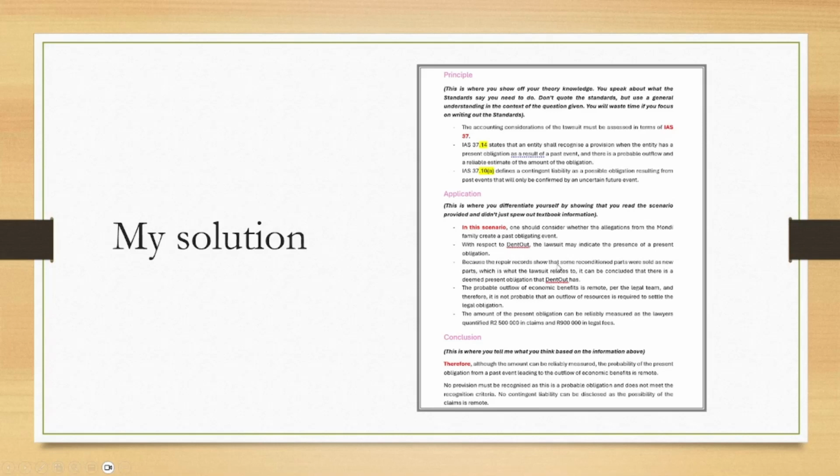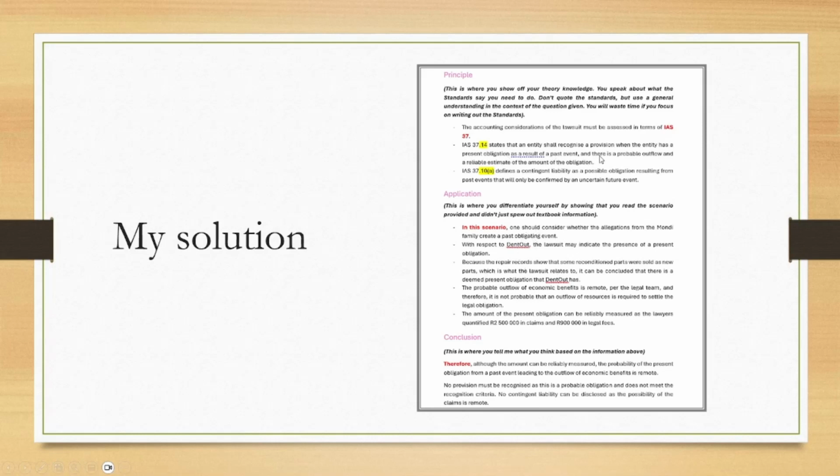Because the repair records show that some reconditioned parts were sold as new parts, which is what the lawsuit relates to, it can be concluded that there is a deemed present obligation that Dent Out has. So now you're looking at each element here. Remember, you need to assess whether there's a present obligation as a result of a past event. So that's what we looked at here.